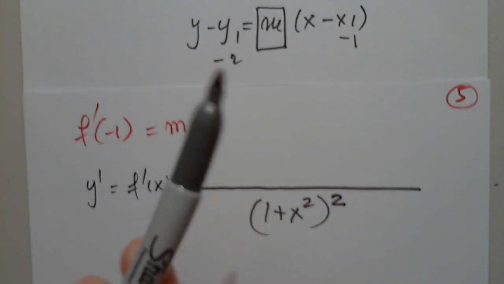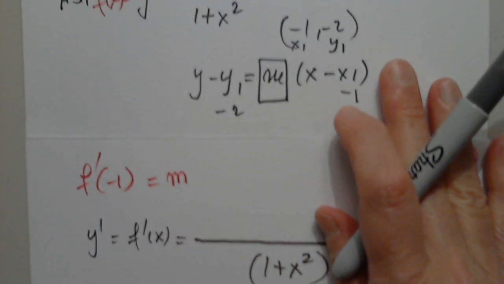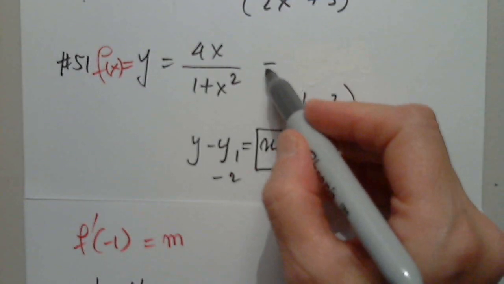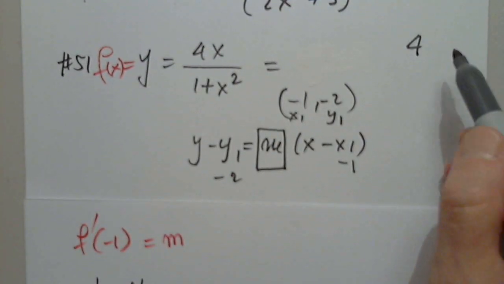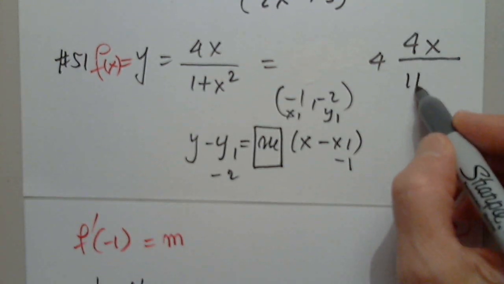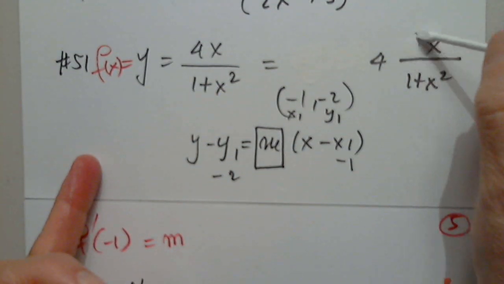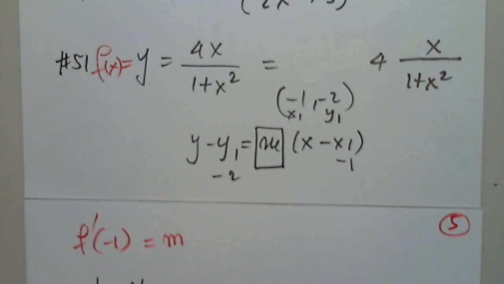And then I will differentiate the top. What I would recommend is rewriting it as 4 times x over 1 plus x squared. Because it's a product in the numerator. It's not a sum of terms. You don't have to do that, but it will be easier if we do.